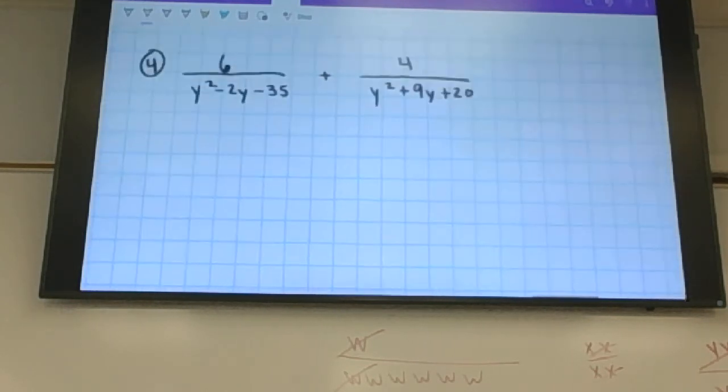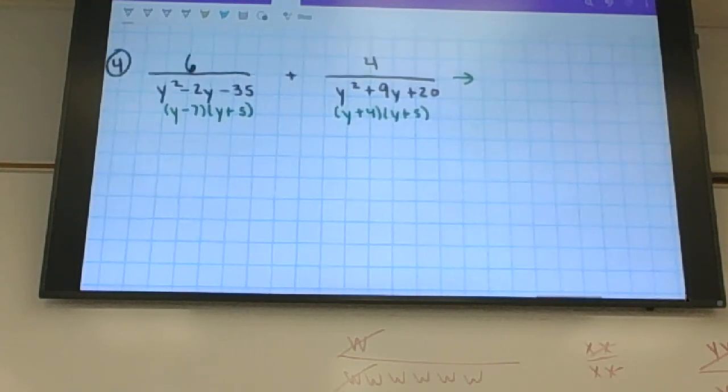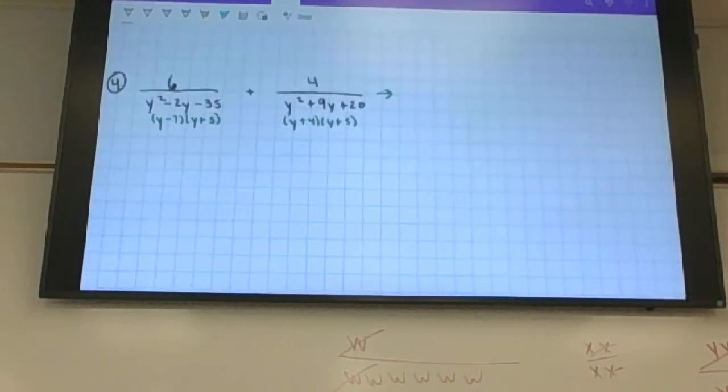Alright, I'm going to factor. Two of you have your fingers on? Alright, there's the factored form of each denominator: -7 and +5, +5 and +4. So my common denominator has to include every factor.